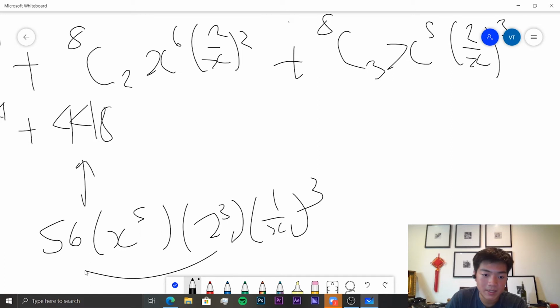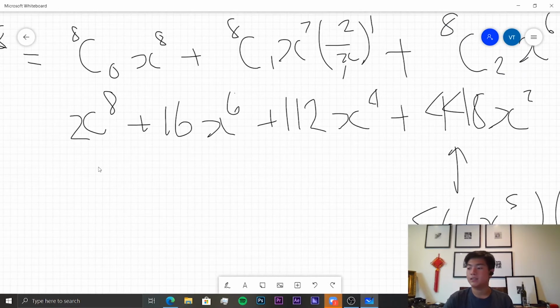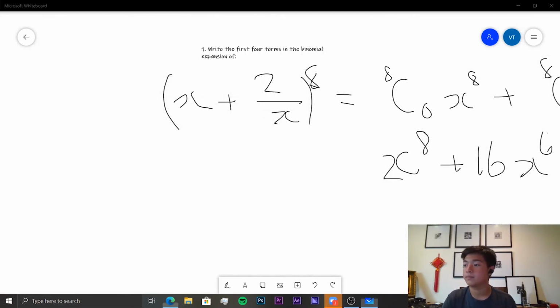So it's 56 times 8. So this is 448 x^5 divided by x cubed, which is equal to x squared. So those are the first four terms of this expansion. So we've got that covered.